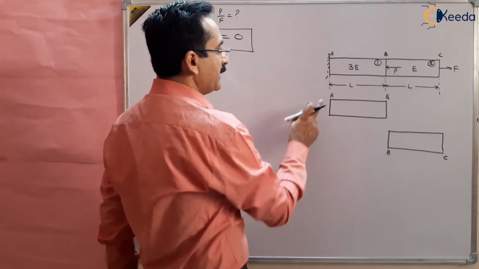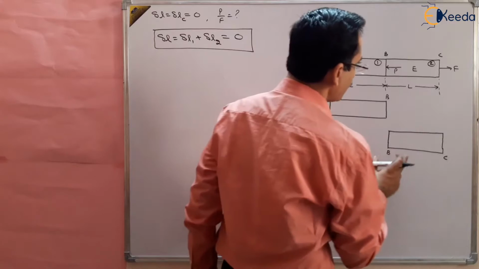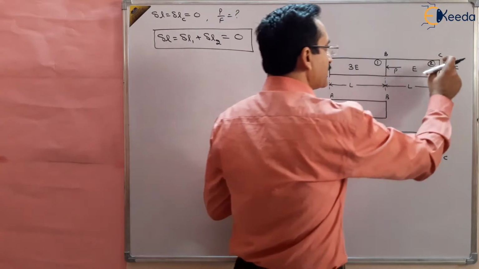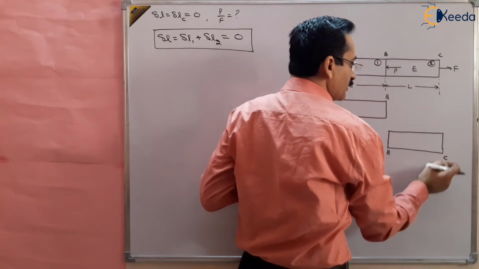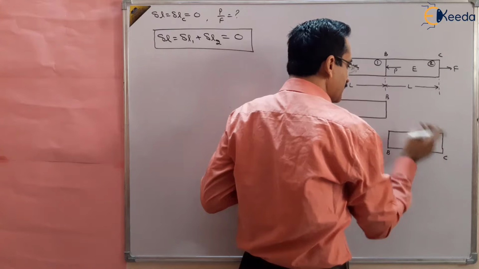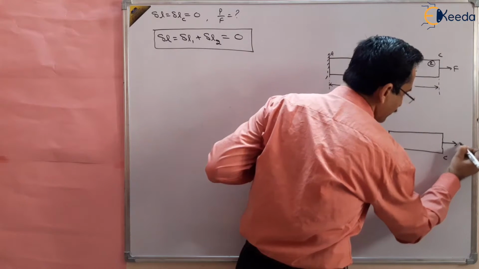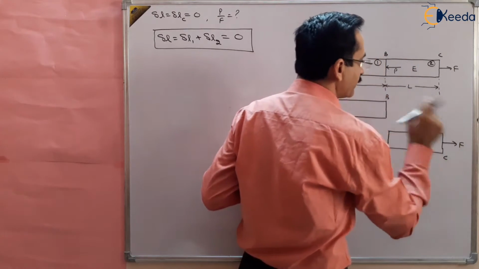Now here, point A is not common to any section of the bar and point C is not common to any section of the bar. So whatever load is at point C, the same load will be here, because point C is not shared by any section of the bar. So here it is F, and then there should also be F.